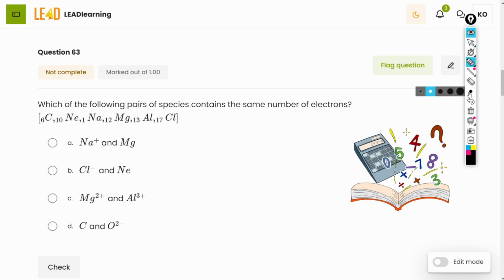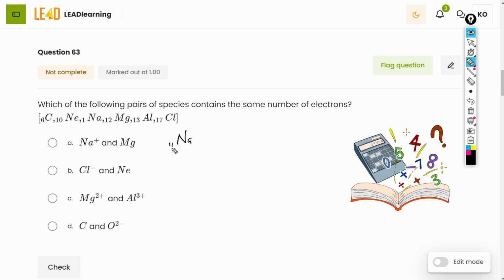Question 63. Which of the following pairs of species contains the same number of electrons? Now, let's pick each option and look at them. Sodium ion, the number of protons is 11, and because it is a sodium ion, it has lost one of its electrons.